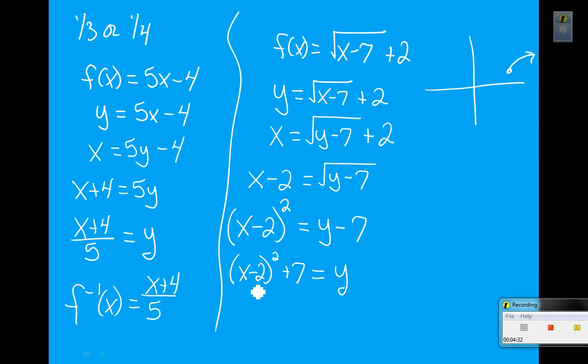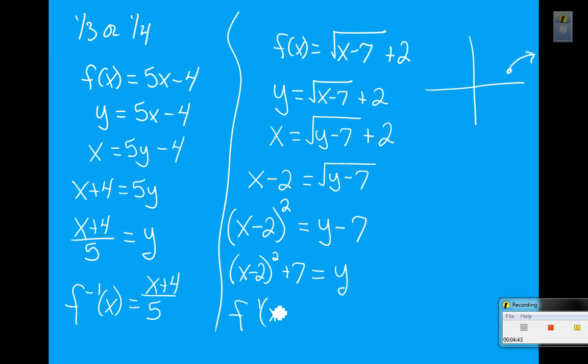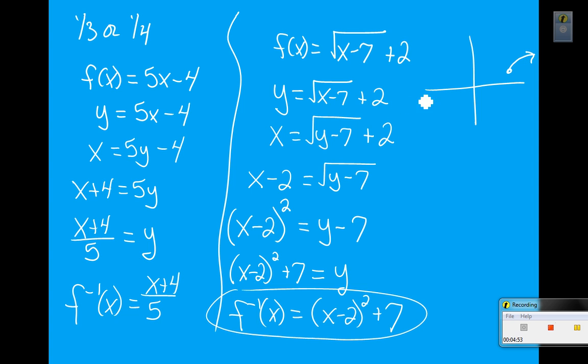We could FOIL this out, but we're not going to. It's not wrong if you do, it's just extra work. Let me write it with correct notation. f negative 1 of x is x minus 2 squared plus 7. So there's my answer. But do a good job of following all of these steps as you go.